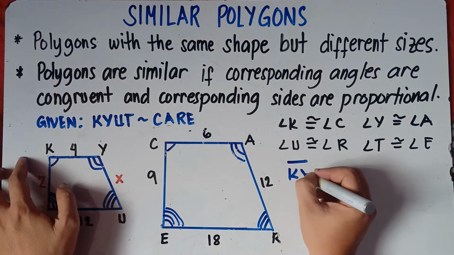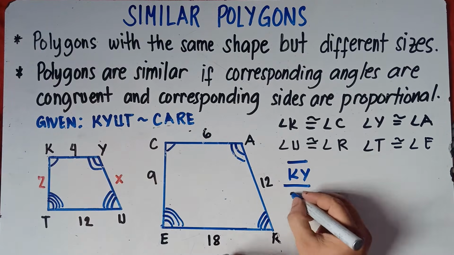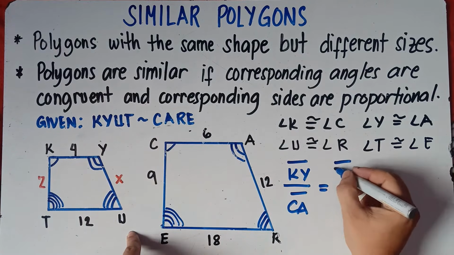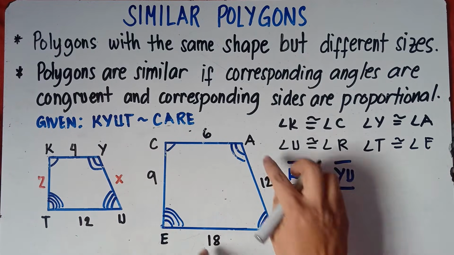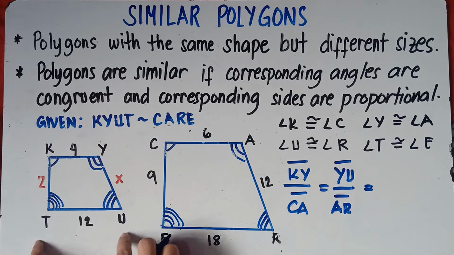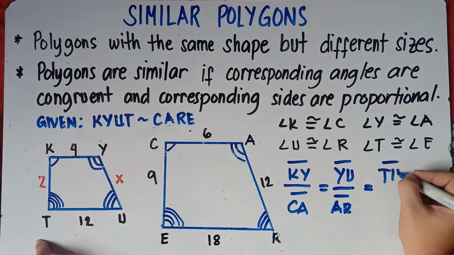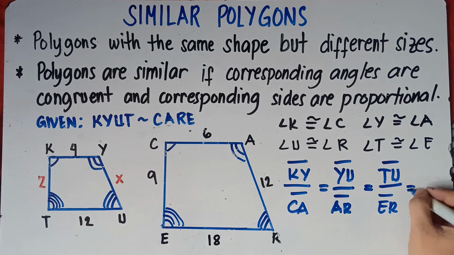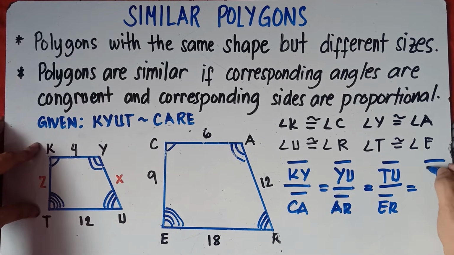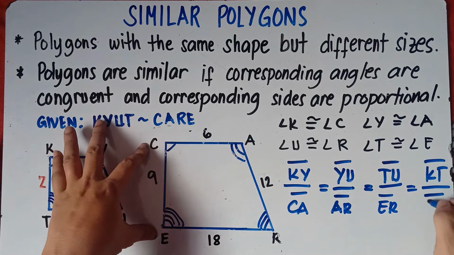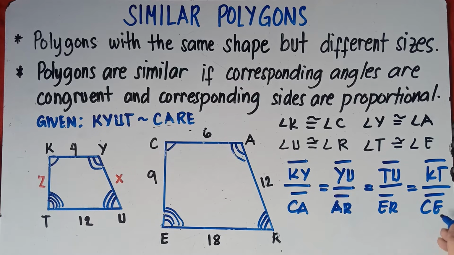Line segment KY over line segment CA will be equal to line segment YU over line segment AR, and is equal to line segment TU over line segment ER, is equal to line segment KT over line segment CE. So therefore, you can find the sides by making this proportion.